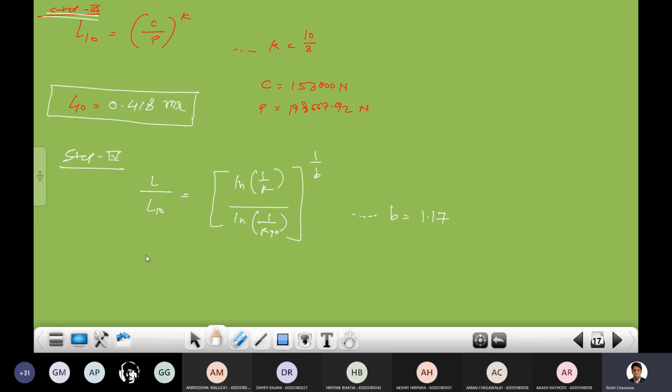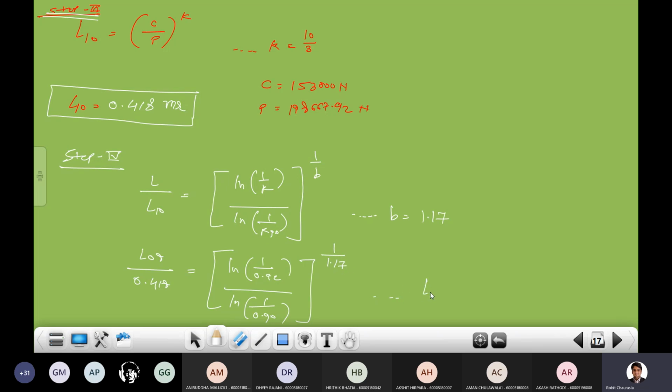Now if I'm going to put these values, so I can find out L08 basically I want to calculate. This value is known, 0.418 पता है मेरे. ln 1 upon 0.92, 92 divided by ln 1 upon 0.90 raised to 1 upon 1.17.